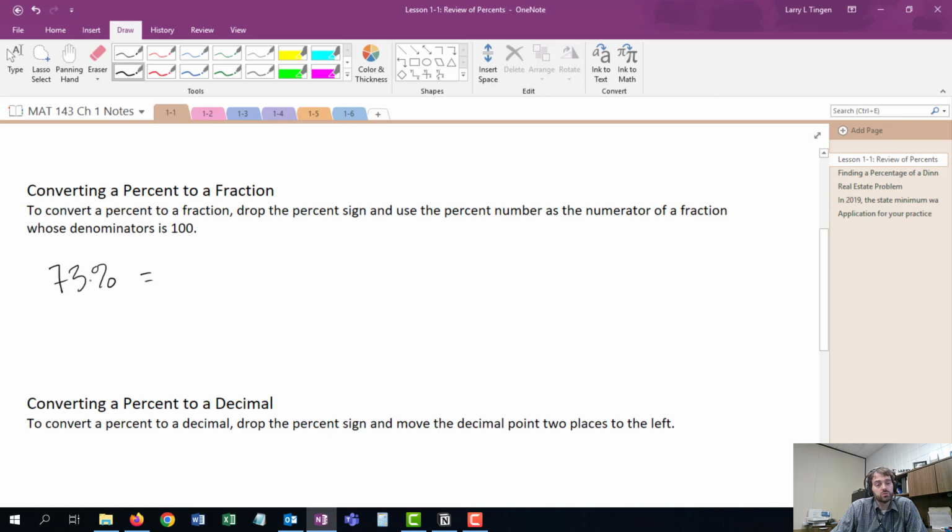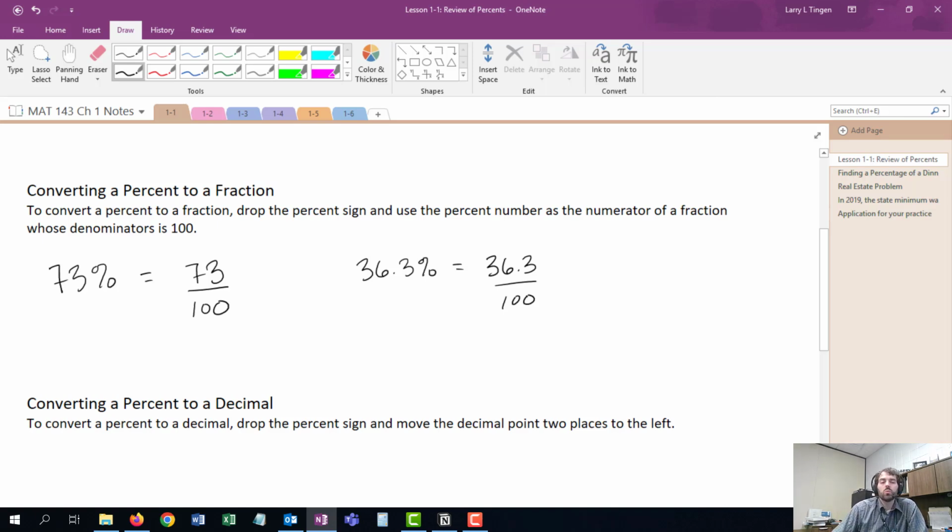I'm told to drop the percent sign and then rewrite with a fraction with 100 in the denominator. Another example, 36.3% over 100.